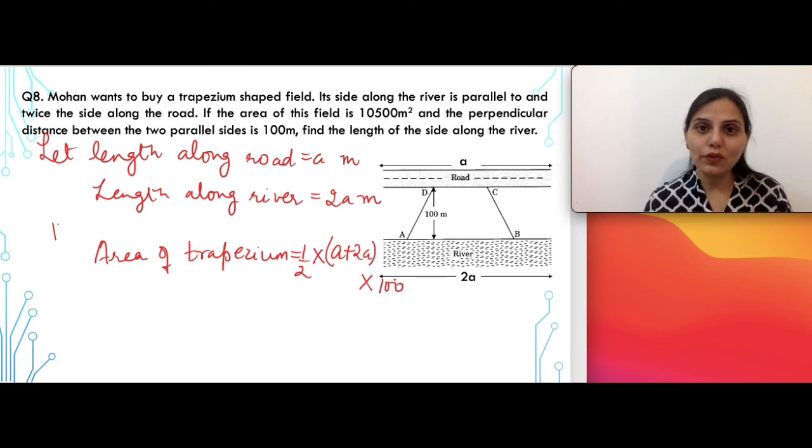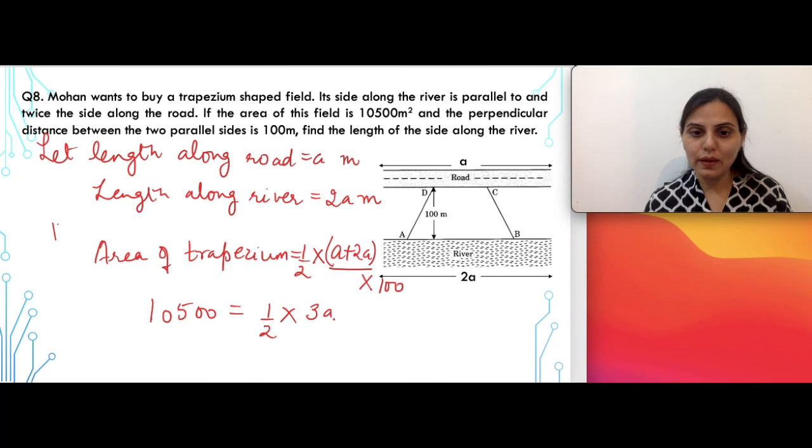Also, since the value of area is given to us, let us substitute the value. 10,500 is equal to 1 upon 2 multiplied by, now as in algebraic expressions, when we add a plus 2a, we'll get 3a, multiplied by 100. Now clearly 2 and 100 can be cancelled with the table of 2. So we get 10,500 is equal to 3a multiplied by 50.